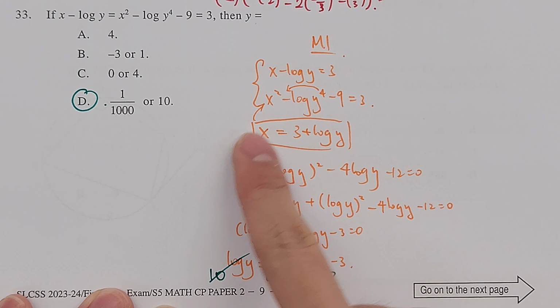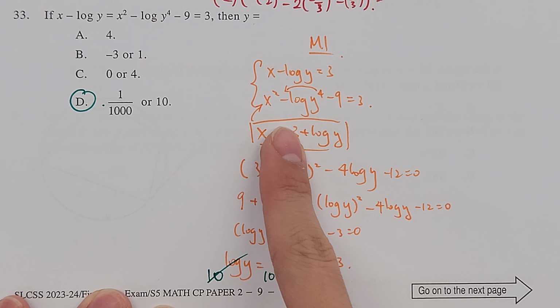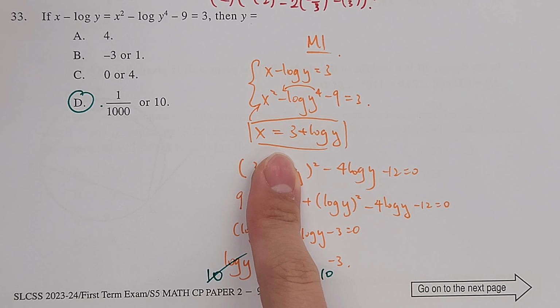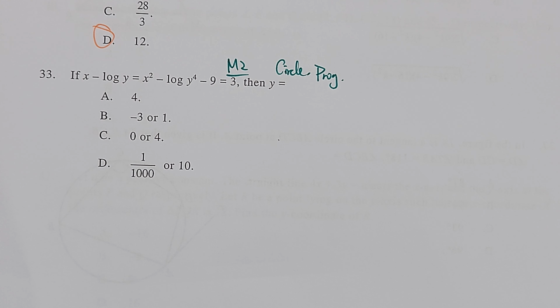And some of you may even need to find out the x first before you find out the y, because you make the y the subject. Okay, so let us look at method 2. For method 2, we use the circle equation program.